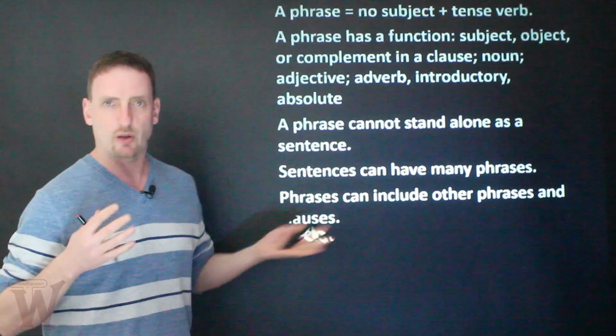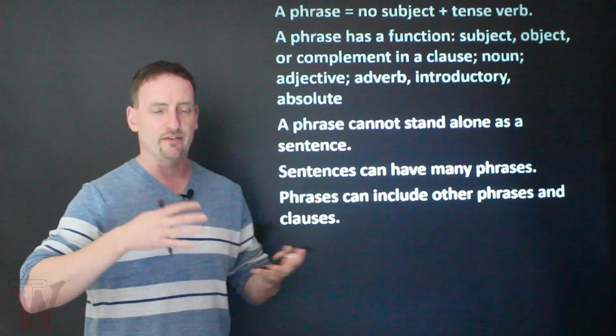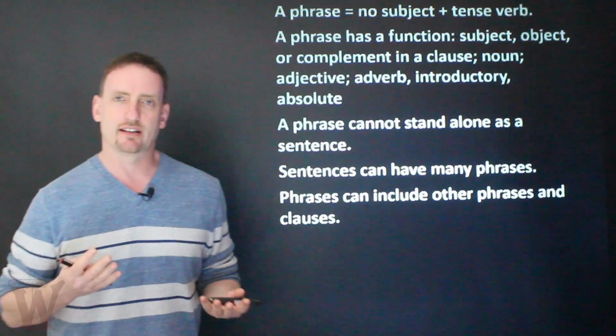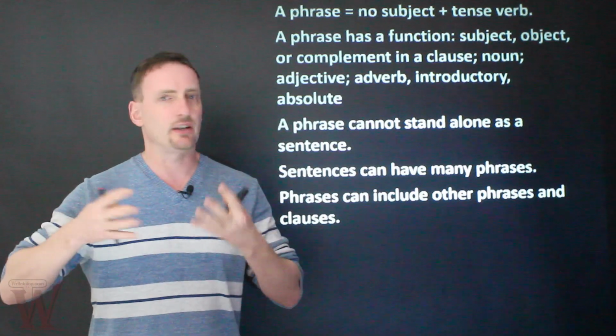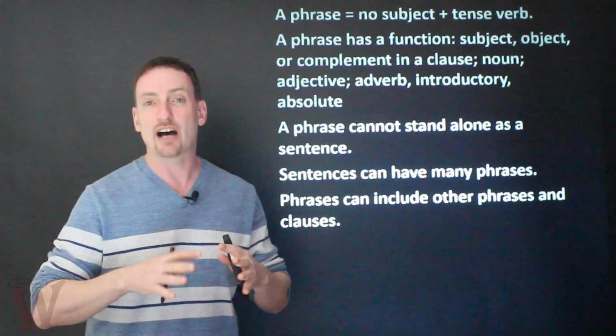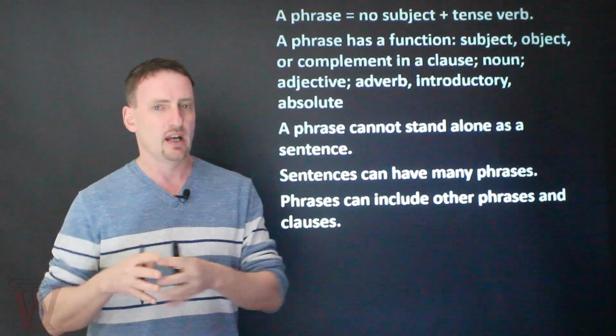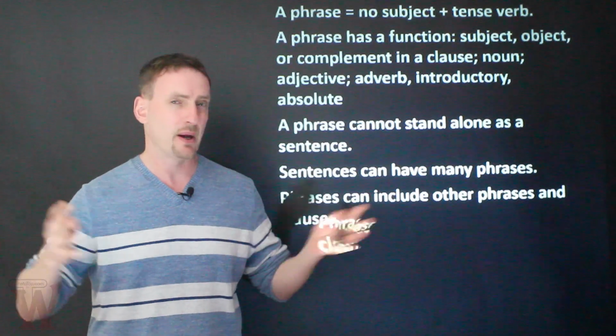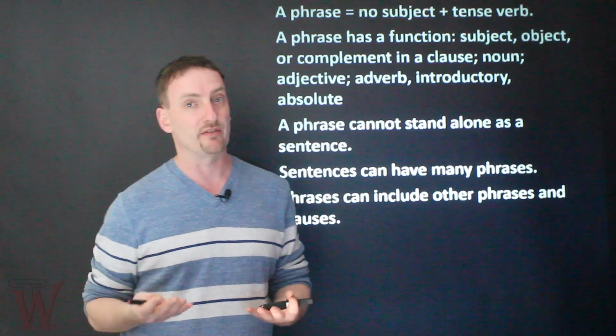We're going to look at, first of all, what is a phrase, and then look at a few of the different main types you need. So a phrase, how do you recognize a phrase? Well, first of all, you're going to see a whole bunch of words without a subject and a verb. As soon as you see a whole bunch of words together and there's no subject and there's no verb, but they're working together, you have a phrase.